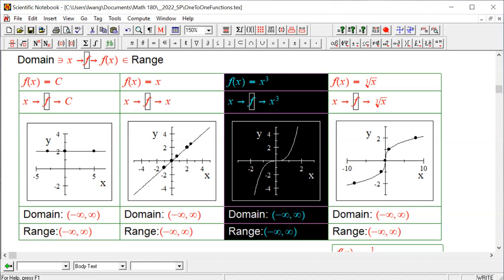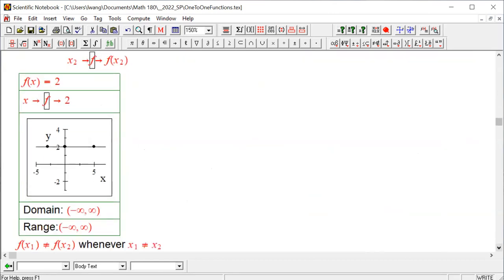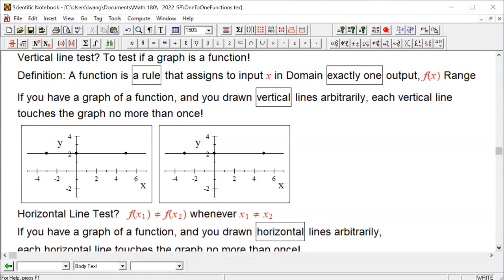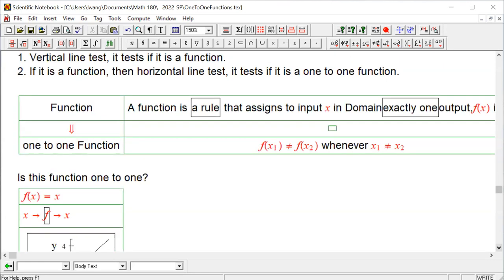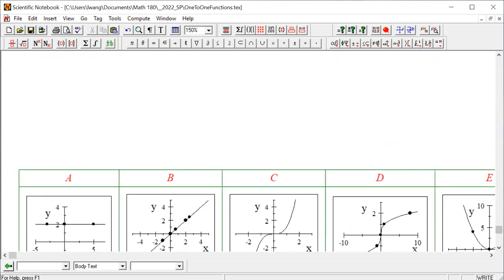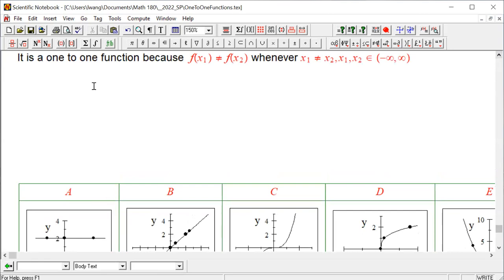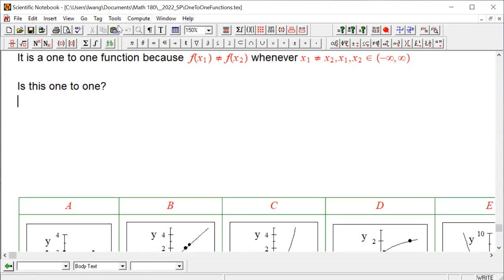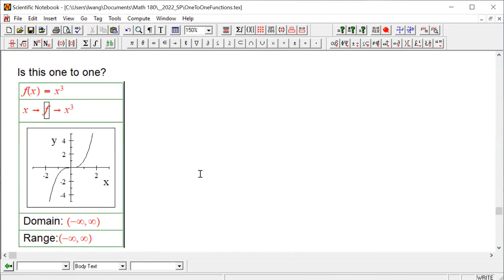Is this one-to-one? Right here. I'm sure you're doing the vertical line test and horizontal line test at the same time, right? Vertical line test, it passes. Horizontal line test, it passes.